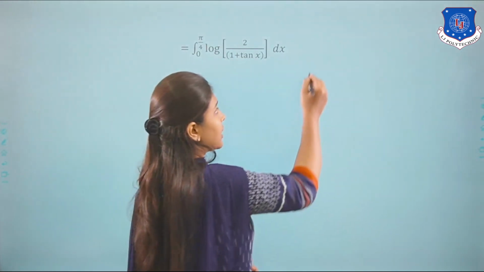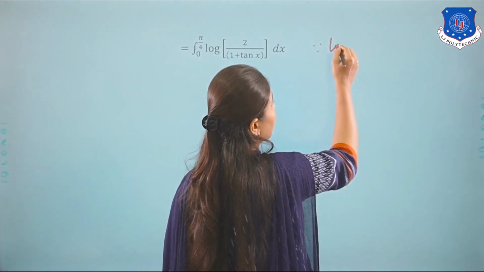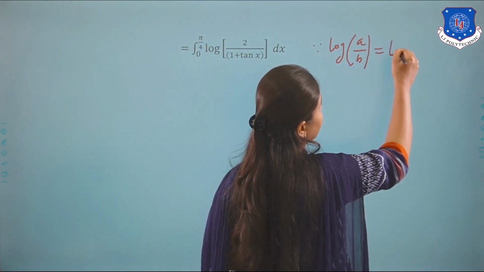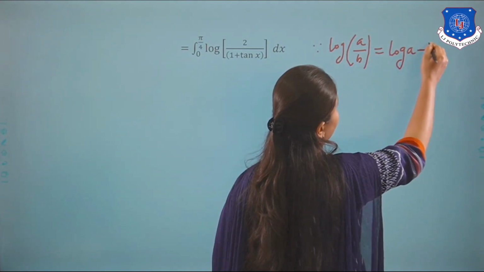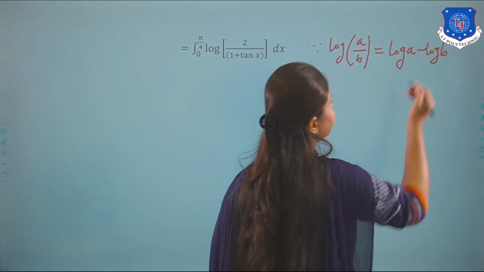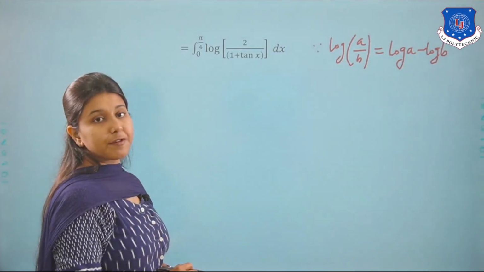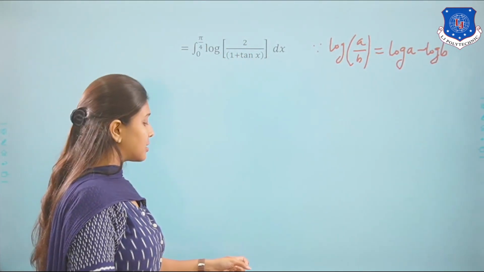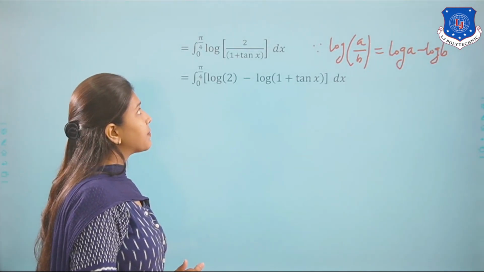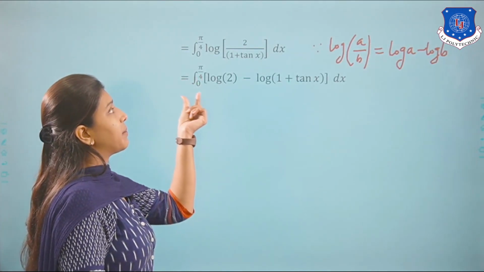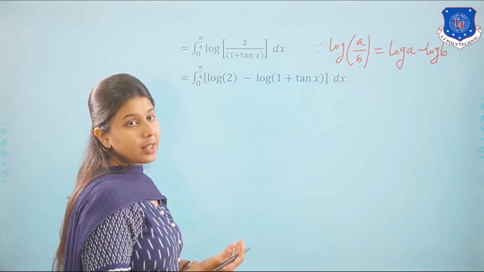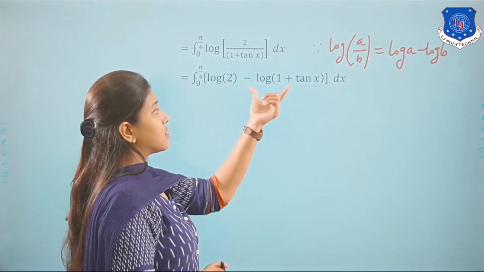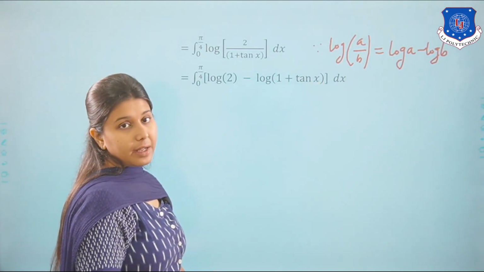Now we know that if log of a by b is given, then we can write it as log of a minus log of b. Here value of a is 2 and value of b is 1 plus tan x. So we can write it as integration of 0 to pi by 4 log of a, that means log of 2, minus log of b, that means log of 1 plus tan x.